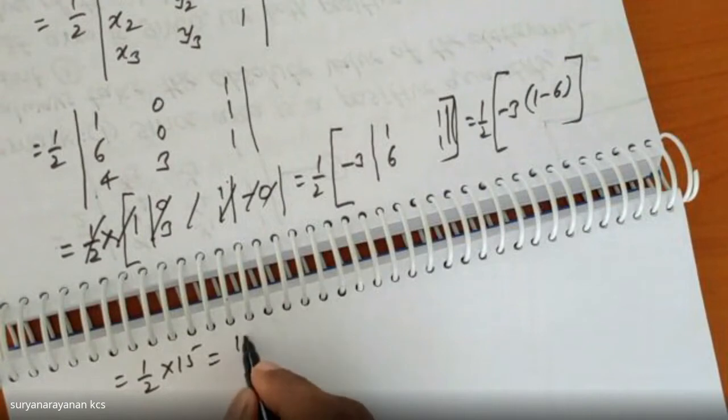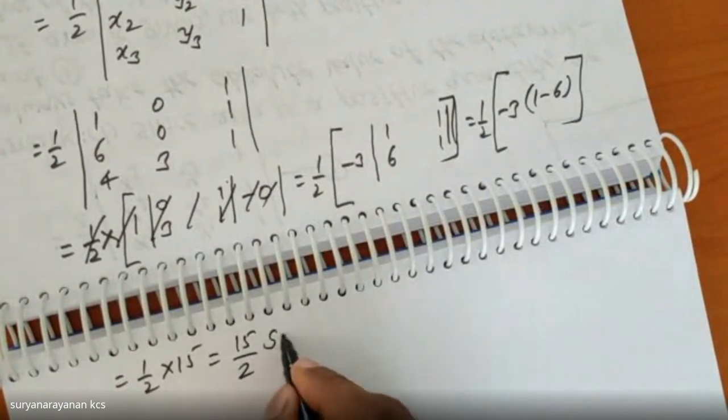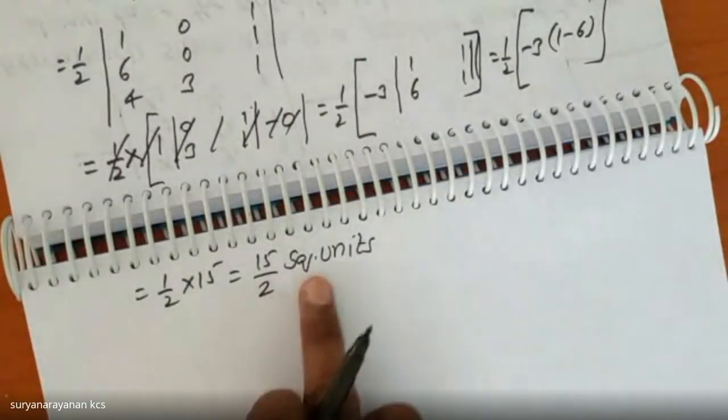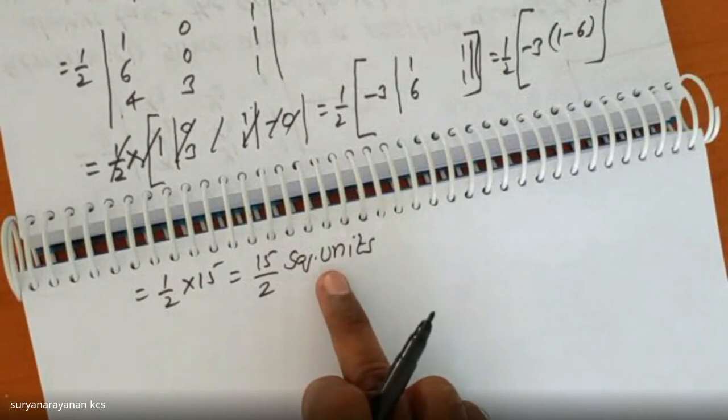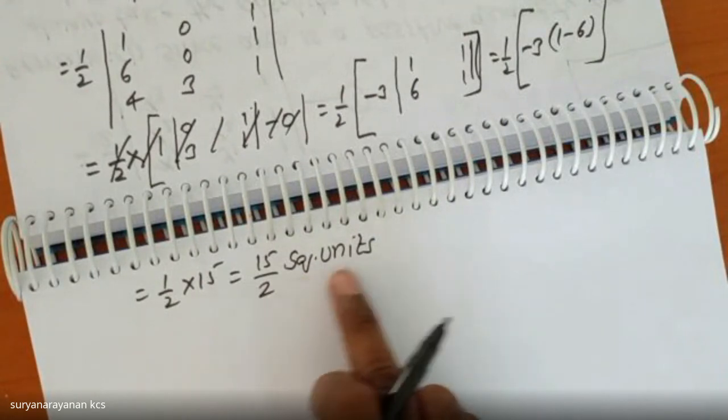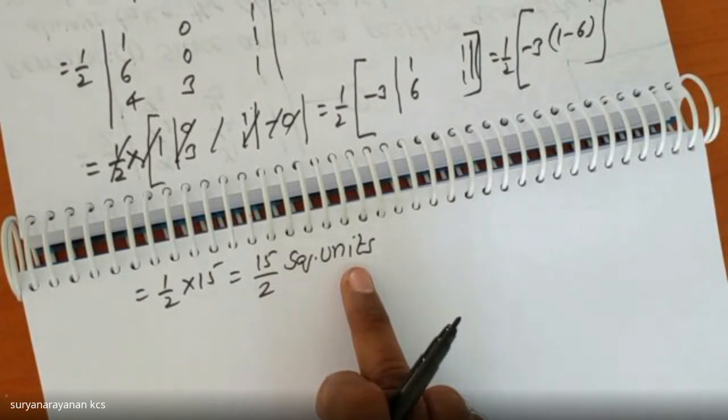Okay, that is 15/2 square units. This quantity denotes the area of a triangle. That is why we should use square units. At the end of that solution, we have to write square units.